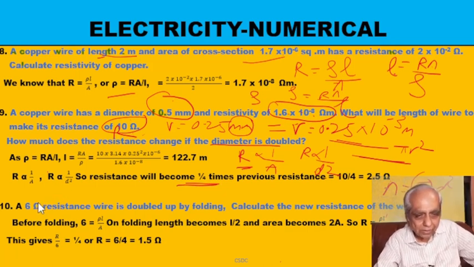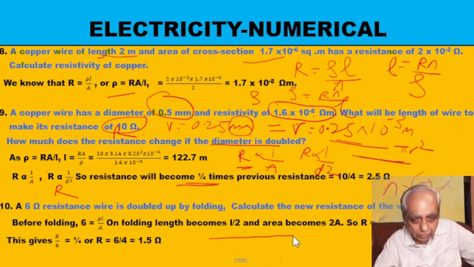Okay. Next sum. 6 ohm resistance. So this is R. A 6 ohm resistance is doubled up by folding. So this was my length. Now I have folded it like this. So when I have folded it like this, my length will become L upon 2, and area of cross section A2 would become 2A1.